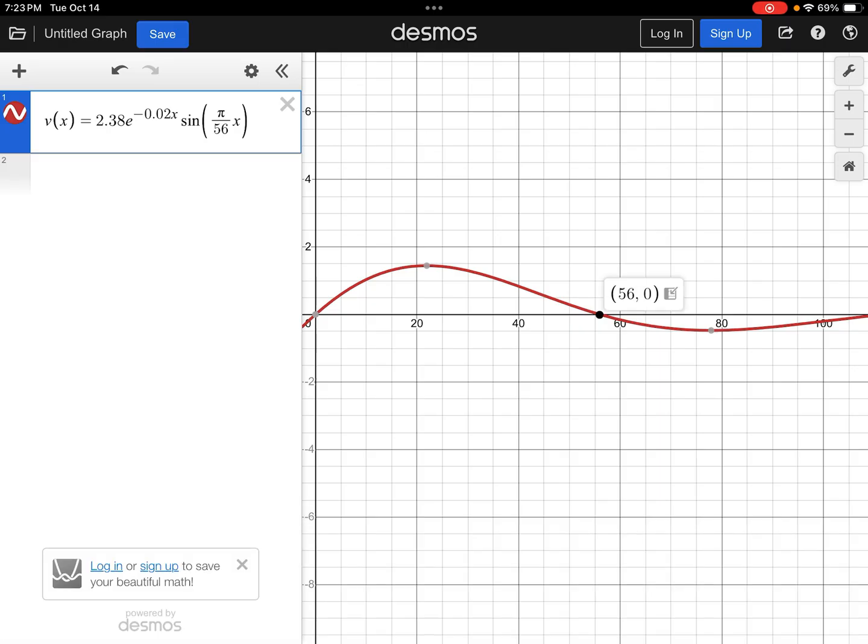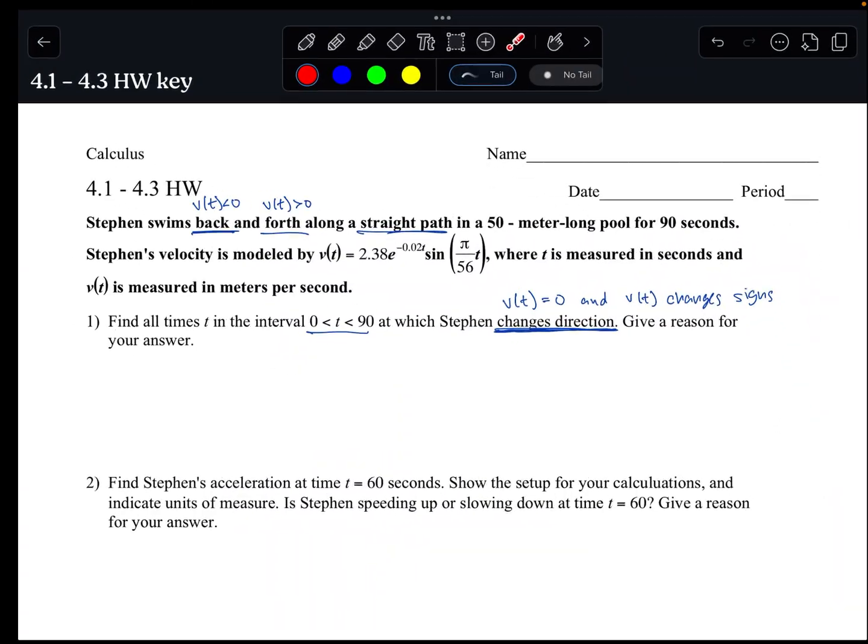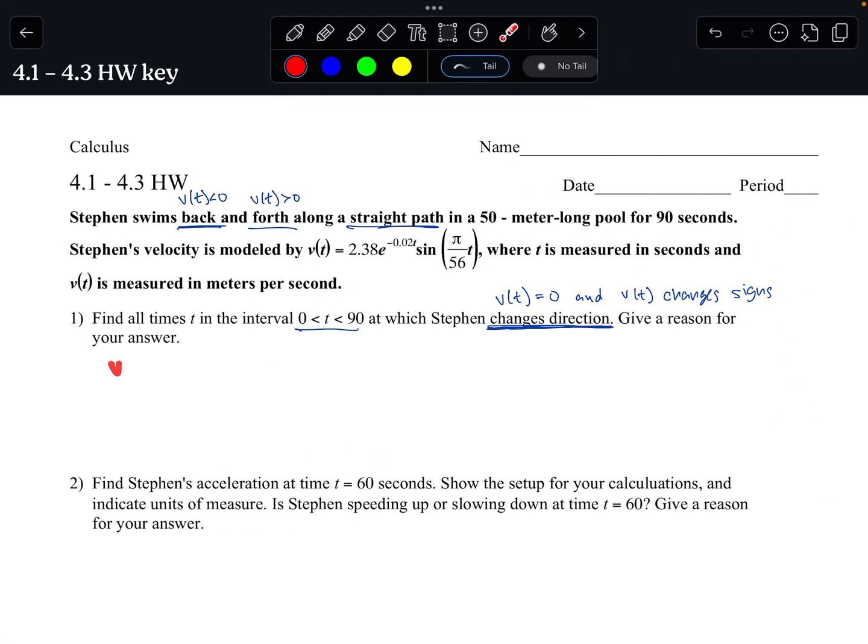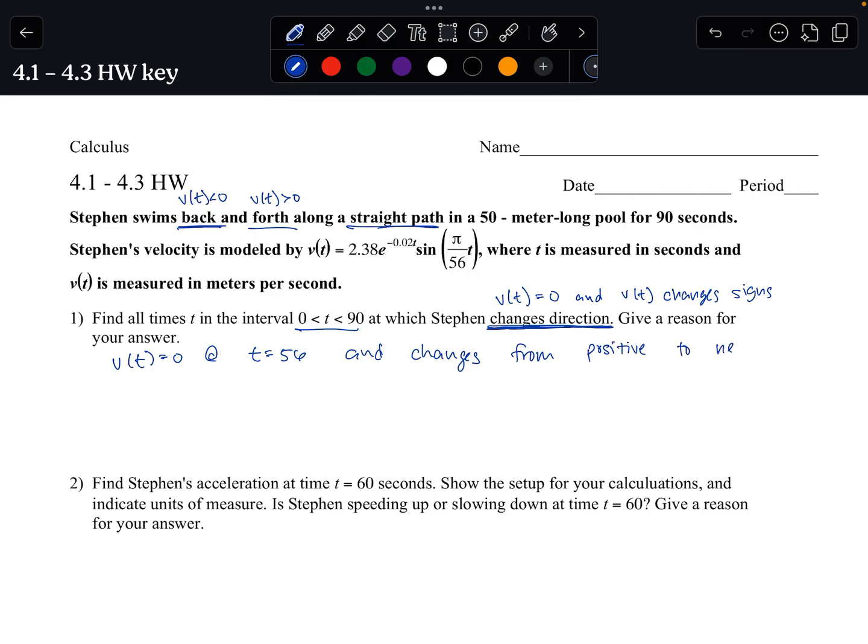So if I take a look at that point right there where it's equal to 0, that's when t is equal to 56. So v of t is equal to 0 at t equals 56 and changes from positive to negative.